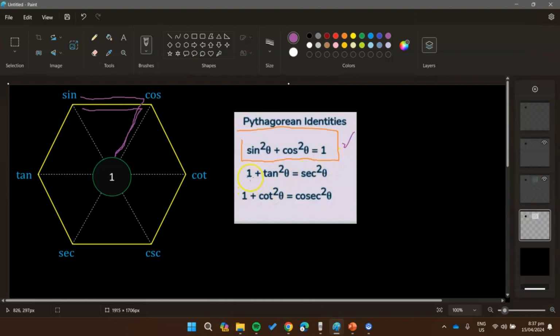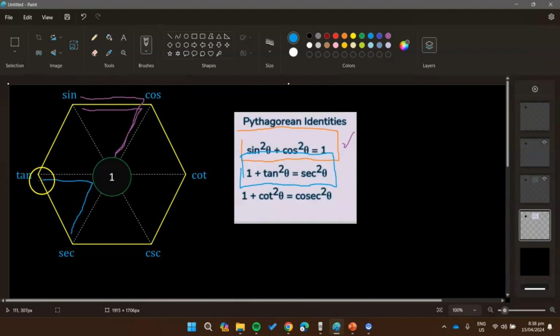Now, what about 1 plus tangent squared is equal to secant squared? What about this? Where can we find this one in our hexagon? This is just tangent squared plus 1 equals secant squared.